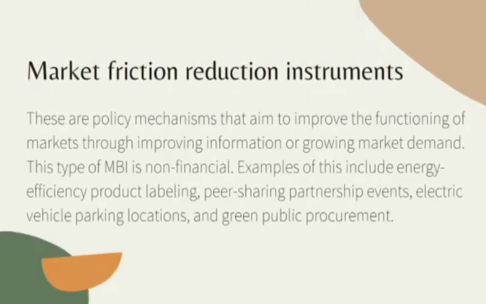Market friction reduction instrument. These are the policy mechanisms that aim to improve the functioning of market through improving information or growing market demand. This type of MBI is non-financial.